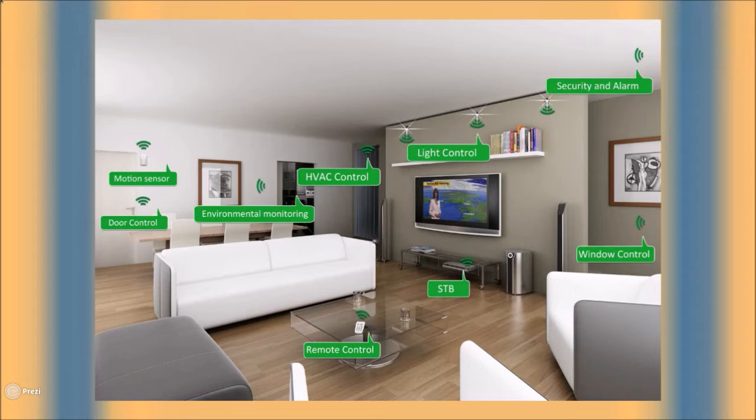You can monitor the security from cameras and motion sensors, and you can regulate the temperature from your heating system, and even close or open the windows in your home. And this can all be done from your smartphone. And as you can see, even in this living room alone, there can be dozens of wireless devices connected to each other.